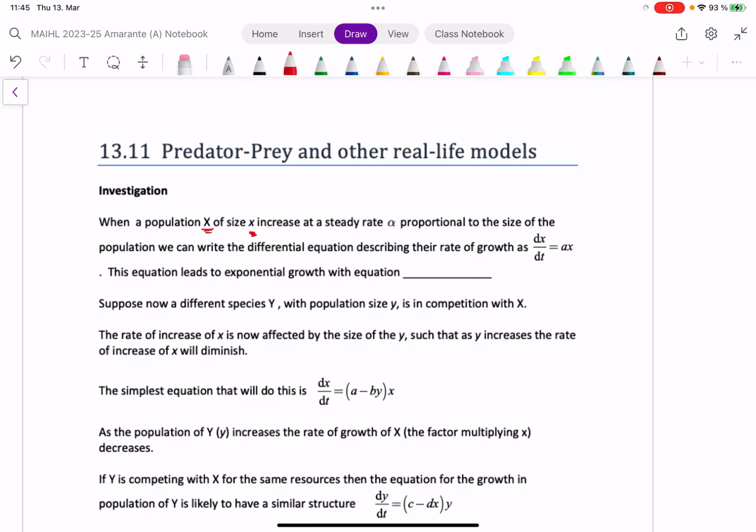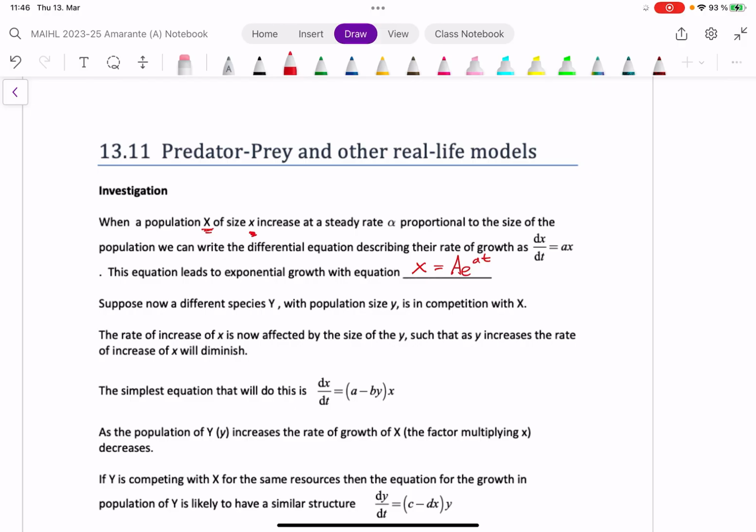We can write the differential equation describing their rate of growth as dx/dt equals alpha x, where this equation would lead us to some kind of exponential growth, which would allow us to understand that x is going to equal capital A e to the alpha t.